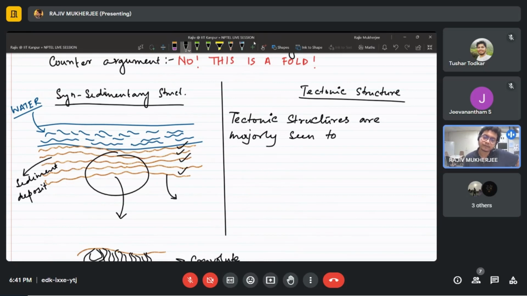Majorly seen to form after lithification.